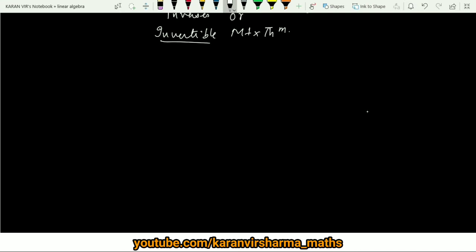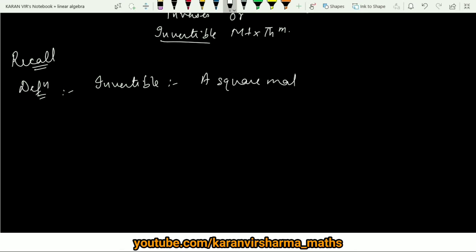So let me recall a few definitions. The first definition for the day is, what do you mean by invertible? When I talk about invertible, I mean a square matrix A is invertible. The other name which I use for invertible is non-singular. So you should be familiar with all these terms.